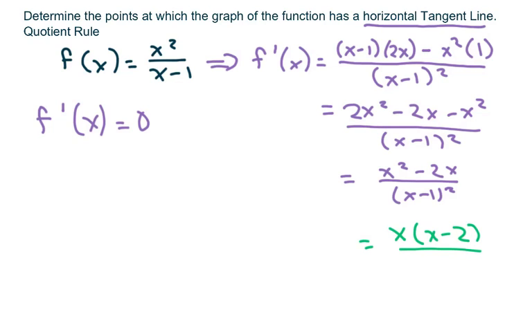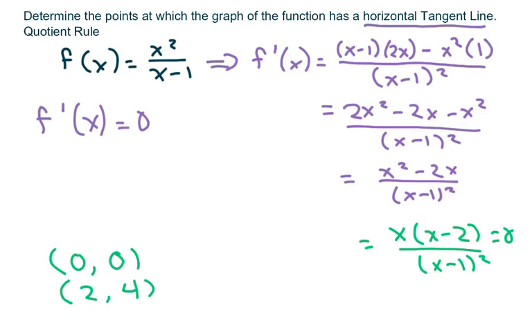So if I just look at my numerator, I know I have x equals 0 and x equals 2, because that would be what makes my numerator 0. So the horizontal tangents are at (0, 0) and (2, 4).